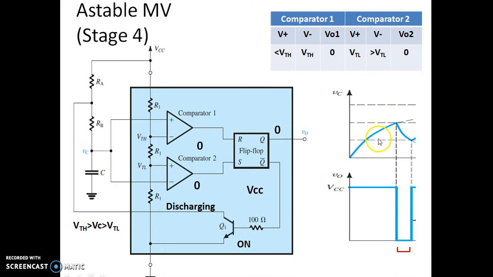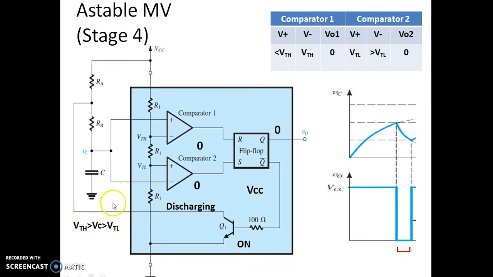Now you can see this was in the previous stage, it slightly exceeded VTH, now it started discharging. Now we shall see what happens if the capacitor voltage is less than VTH but more than VTL, that is during this time of the capacitor voltage.